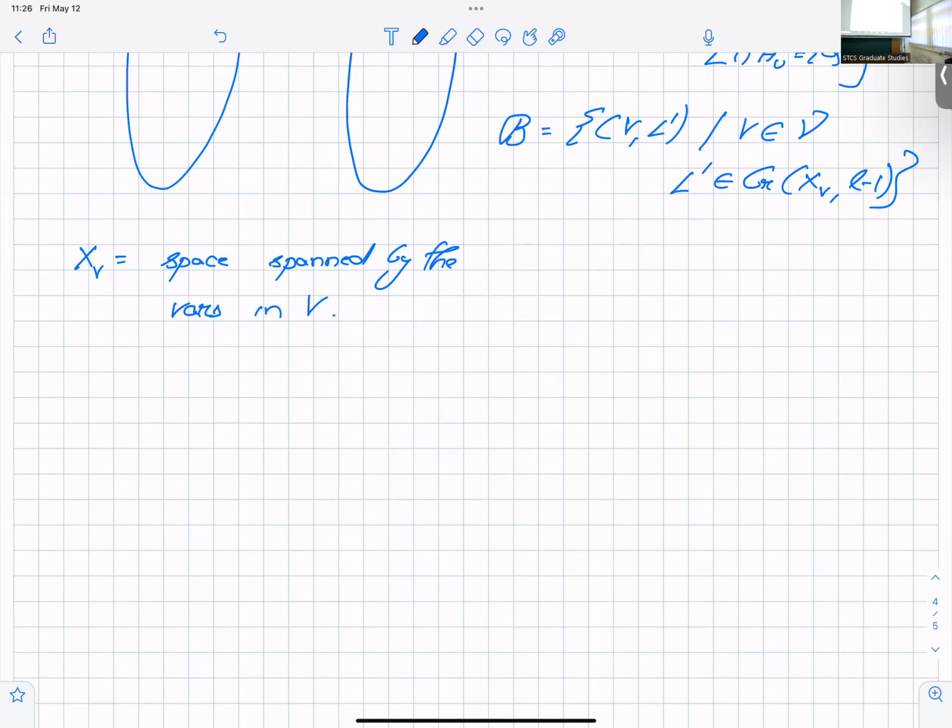For each one of them, we take it and we put all the L minus 1 dimensional spaces.